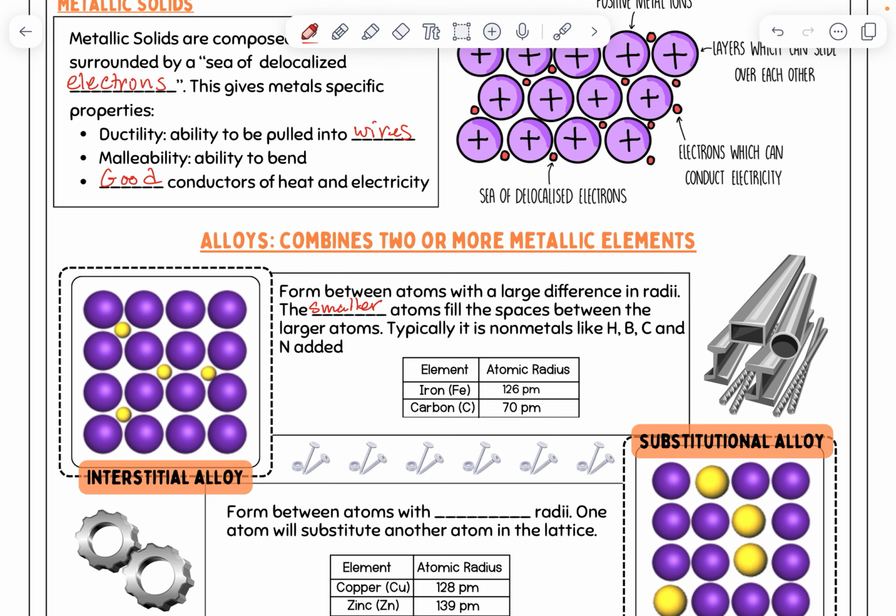So we talked about that malleability. This would make it not very malleable, because what happens is a smaller atom, and typically it's a non-metal like hydrogen, boron, carbon, or nitrogen is added, and they're going to fit in between these gaps. And now all of a sudden these cations can't move as freely because these other atoms are blocking that movement.